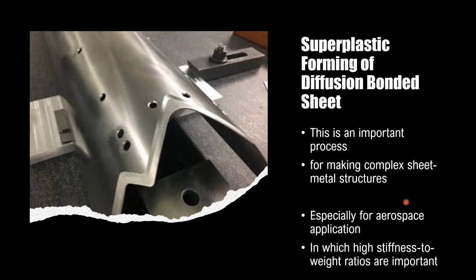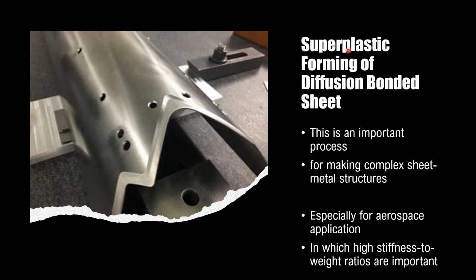Another important process for making complex sheet metal structures is superplastic forming of diffusion bonded sheet. Especially for aerospace applications, we use it. Aerospace applications deal with high stiffness to weight ratios.